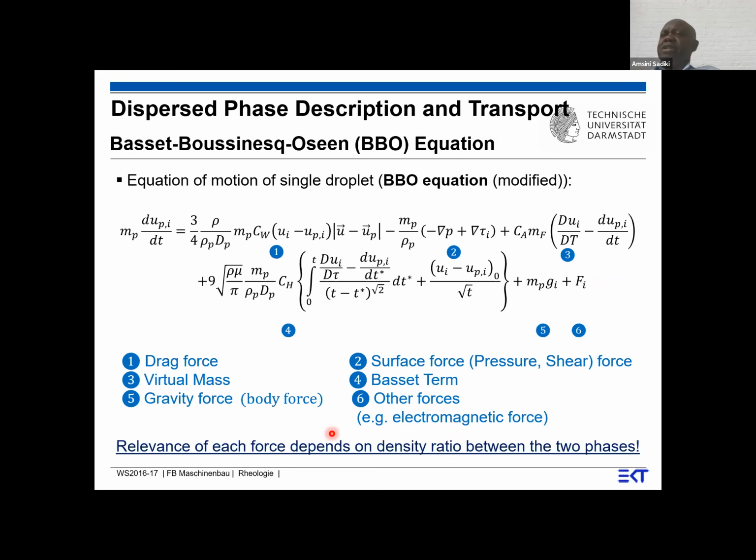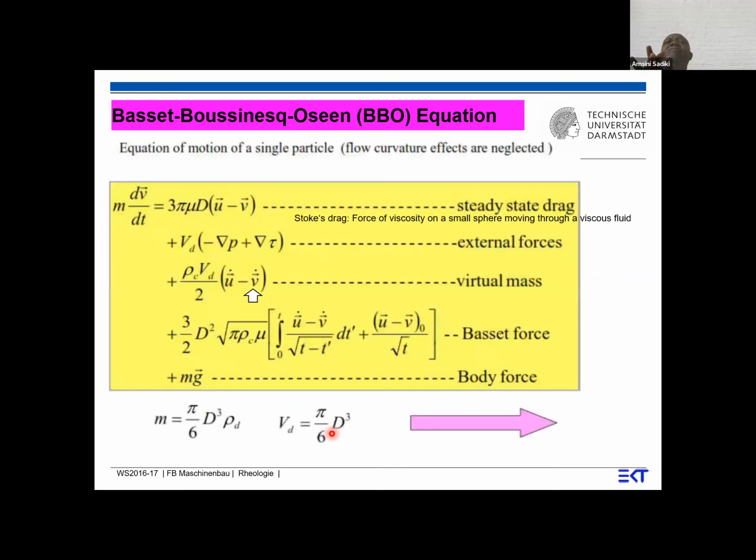So this relevance, we try to derive here, in which we write only these three forces. The others are related either to the rotation of the particle or to the inhomogeneous flow. We consider the very simple case with homogeneous flow, but we can also extend it and add the other forces.